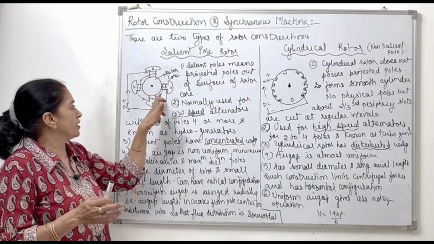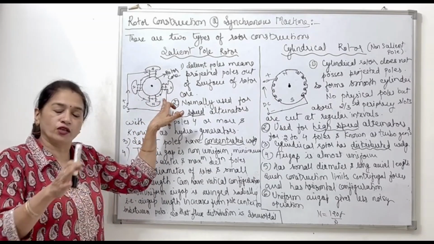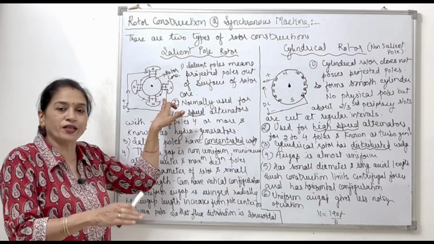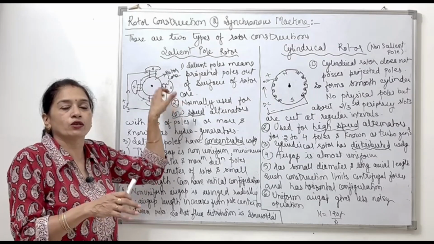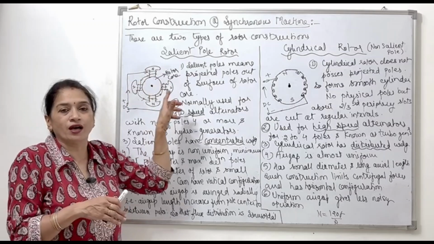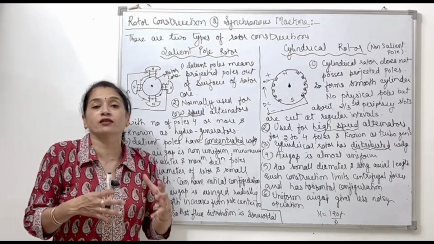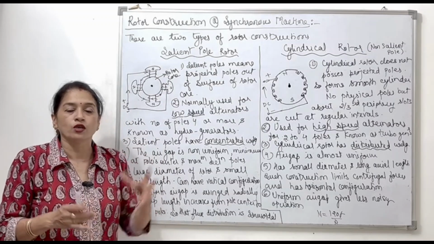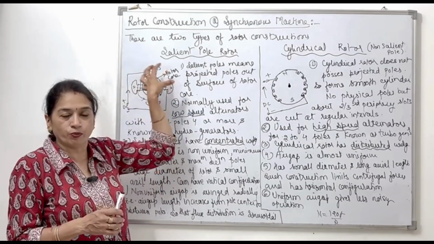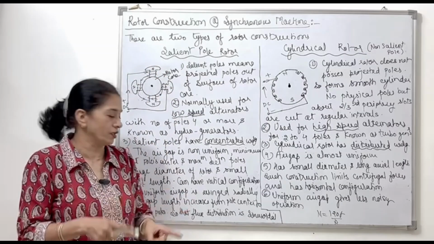And also I can say that these particular structures are followed in low speed alternators. Why so? Because if you turn them at high speed, naturally mechanical stresses will affect the mechanical structure of the salient poles. So we deploy these structures in low speed actually.